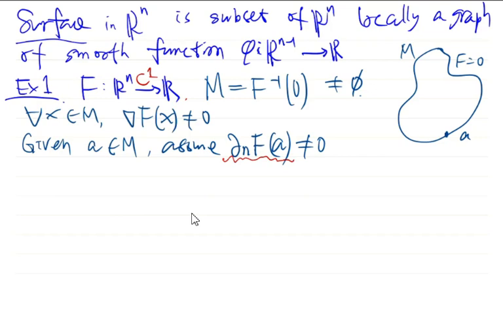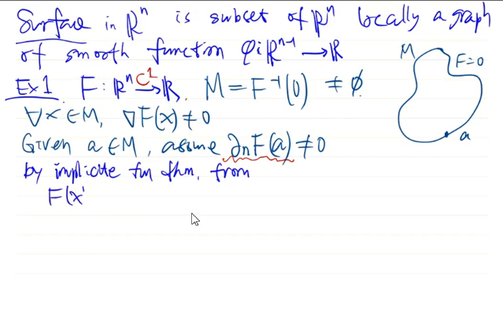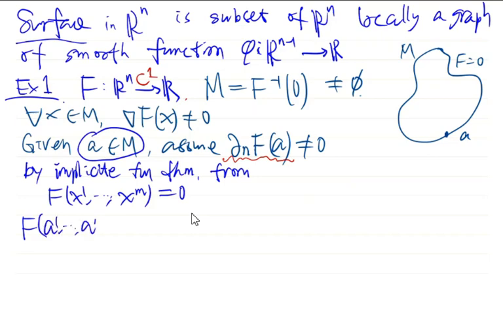Then by implicit function theorem, following the equation F(x1, ..., xm) equals 0. Of course, since A belongs to M, it means that F(a1, ..., am) is 0.